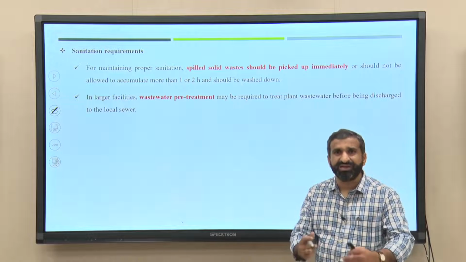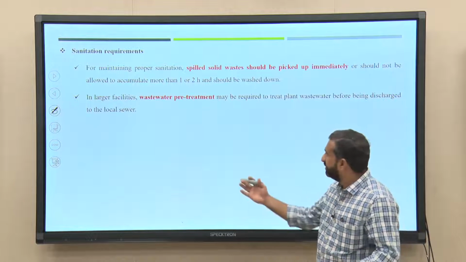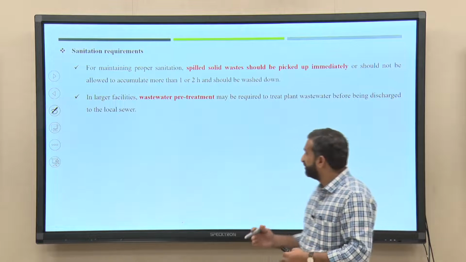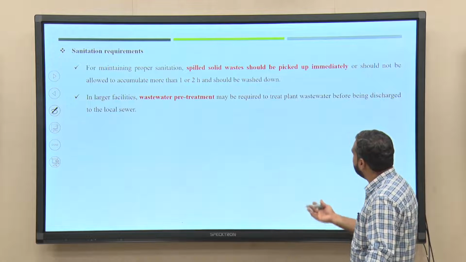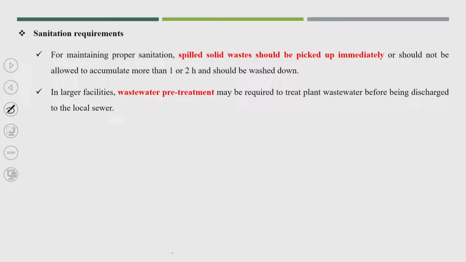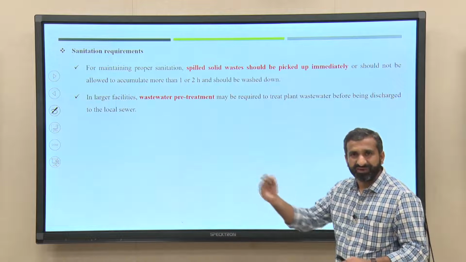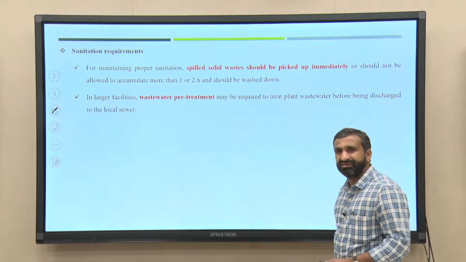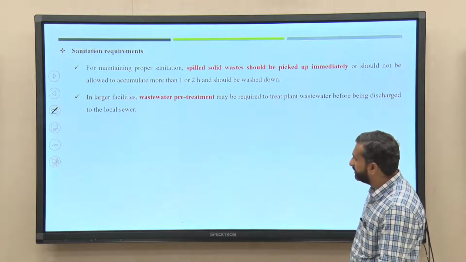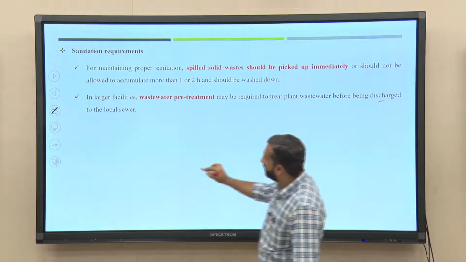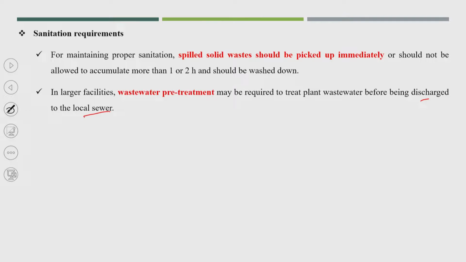Because of that cleaning, wastewater, the cleaning water, will also be produced. So, it is possible that a small wastewater treatment plant also has to be designed, or whatever wastewater gets generated can be mixed with the sewage and treated at the sewage treatment facility. So, that is what is being discharged into the local sewer. Okay.